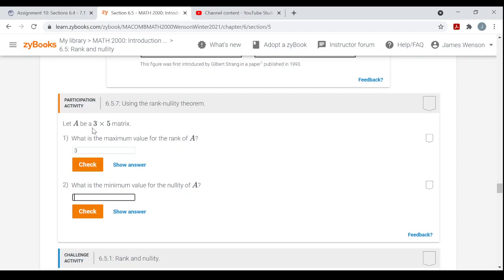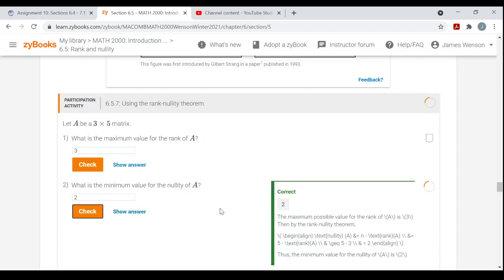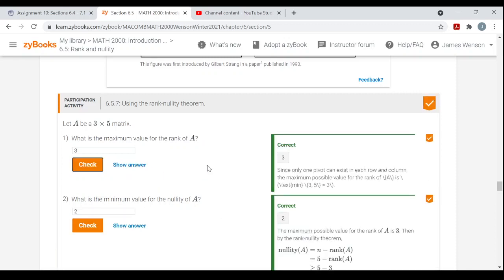So if the rank were 3, the nullity would have to be 2. Remember, the rank plus nullity needs to be equal to the number of columns. So the smallest value for the nullity would be 2, if the largest value for the rank is 3. Oh, I forgot to check that one, but of course it's right.